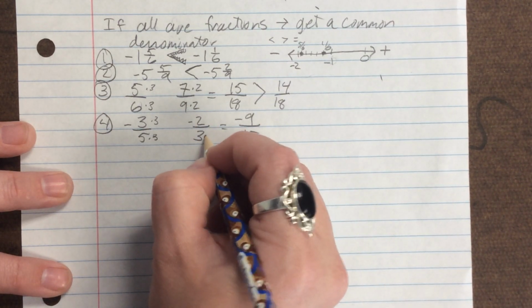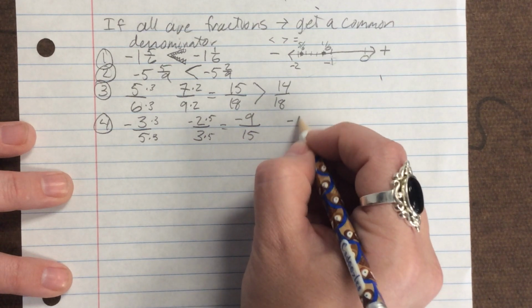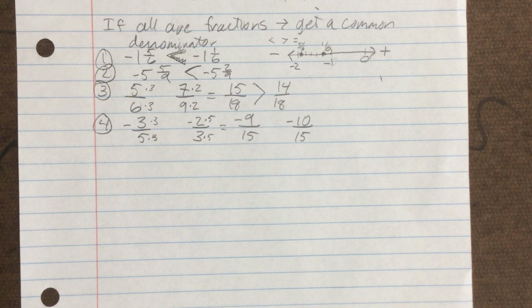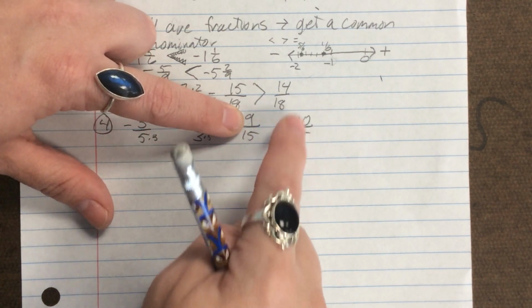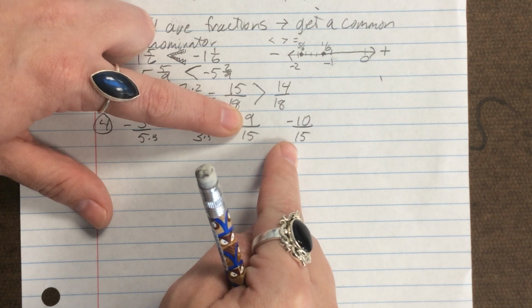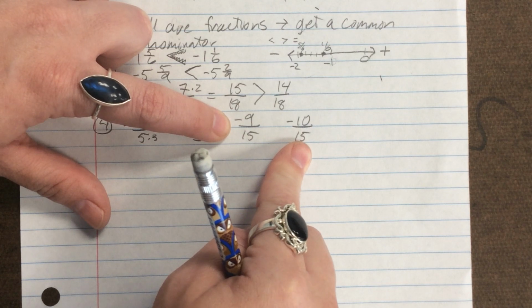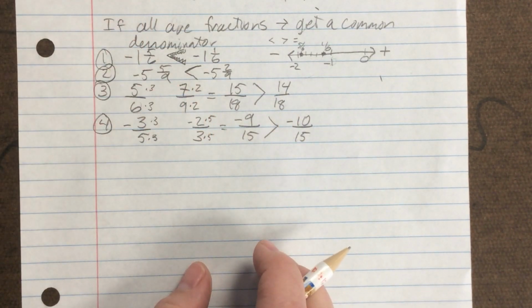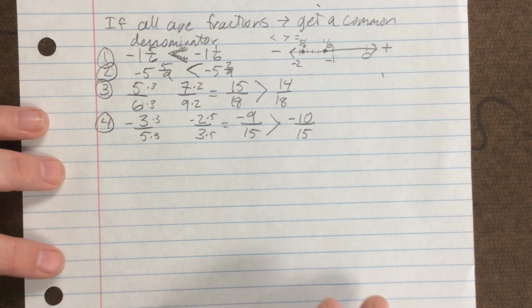And this one we're going to multiply by 5 and 5, which becomes negative 10/15. Okay? So in the regular world, if these weren't negative, the 10/15 would be bigger, right? But because these are negative, the 10/15 is more negative, so that means it is less than the negative 9/15. Okay, I'm hoping you're starting to get a feel for what's happening there with the negative numbers.